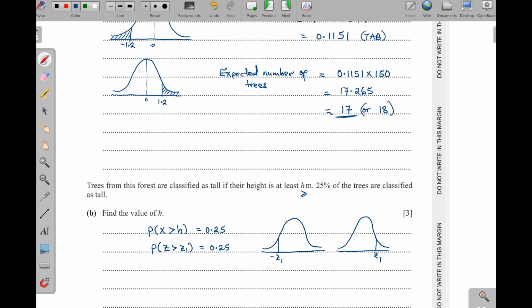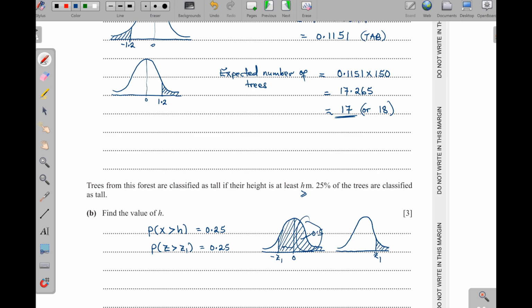Greater than, we are looking at the right of the z value. You ask yourself, which of these two can give me the 0.25? This region here must be greater than 0.5, because we know that if this is the mean, that is 0, half of this is 0.5.